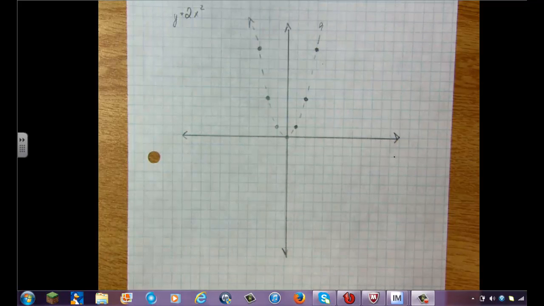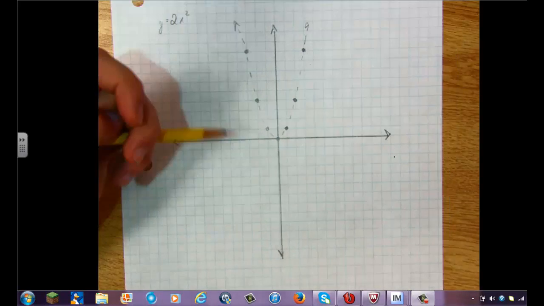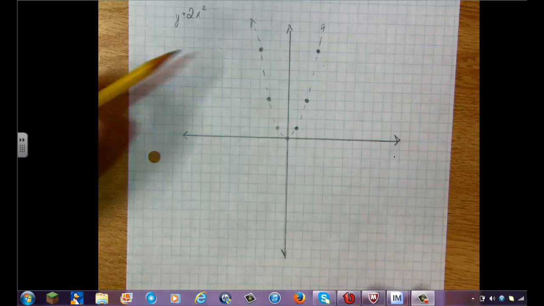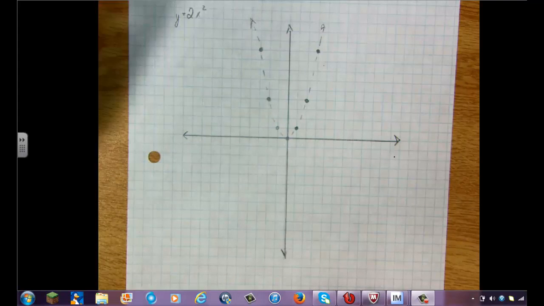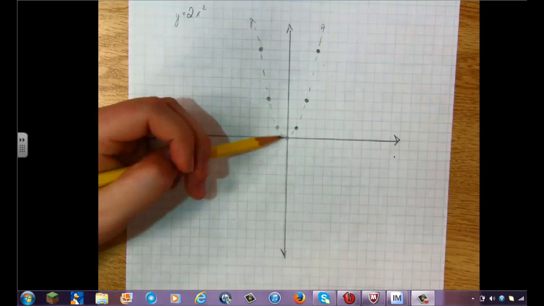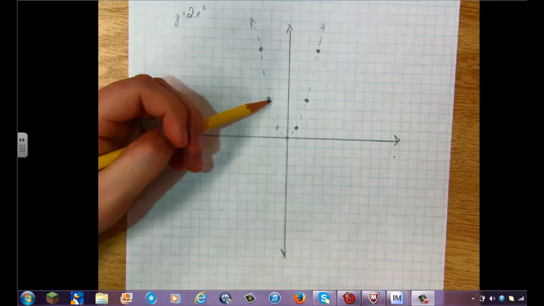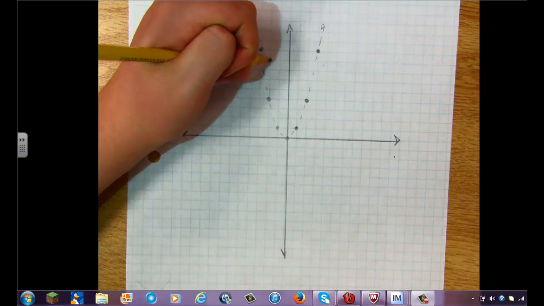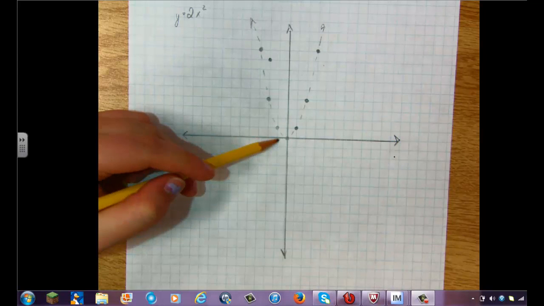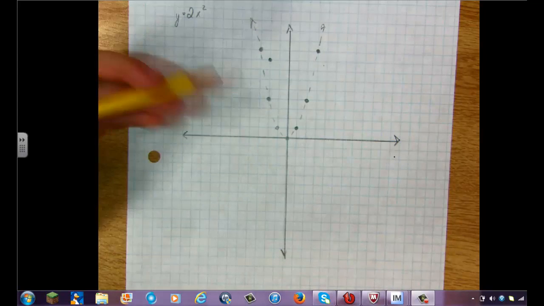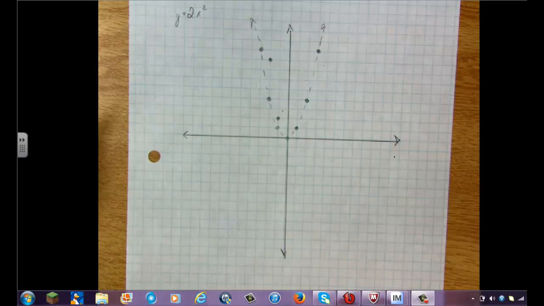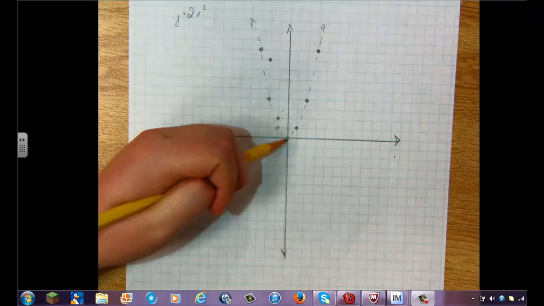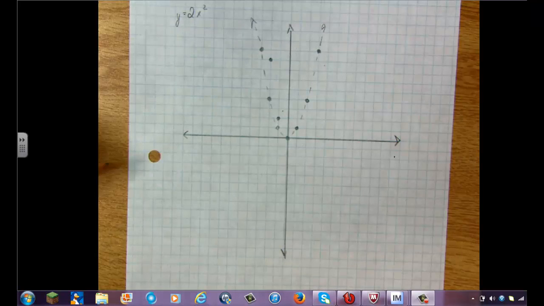And then you just take every y value and times it by 2. So negative 3, 9 would be negative 3, 18, which goes off the graph. And then negative 2, 4 would be negative 2, 8. Negative 1, 1 would be negative 1, 2. 0, 0 would stay 0, 0, because anything times 0 is 0. 1, 1 would be 1, 2.